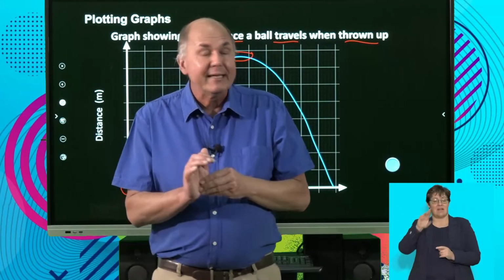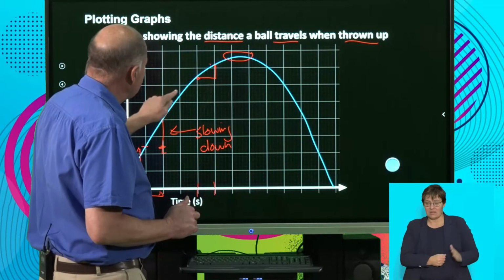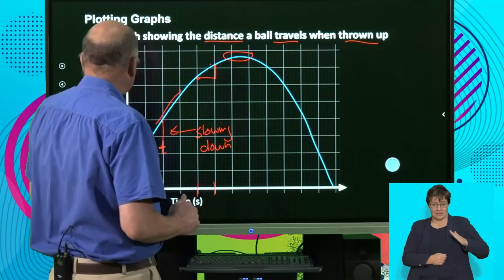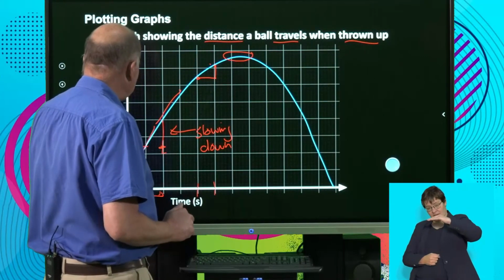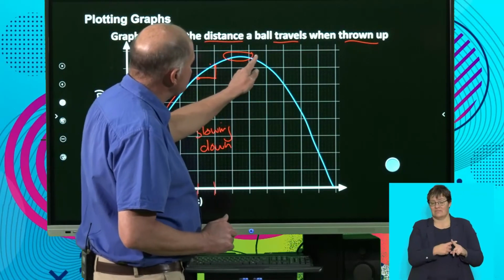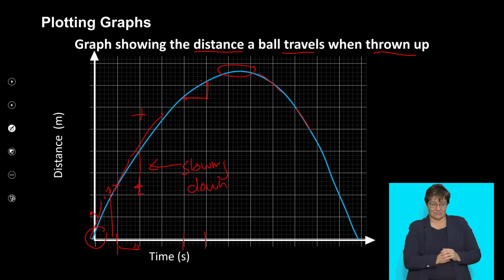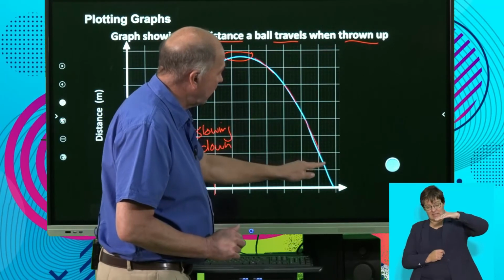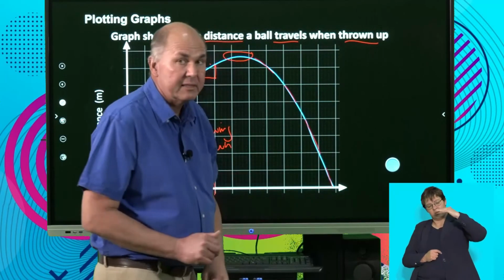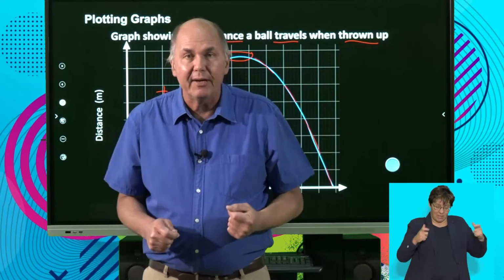So if we recognize something over here, when I put my hand like this, that line that is drawn as a tangent to this curve has got a positive gradient. But on this side, the gradient is negative. And notice over there it's flat, over there it's a bit steeper, and over here it's getting steeper still, and over there it's steeper. So it's getting bigger and bigger in the negative direction.